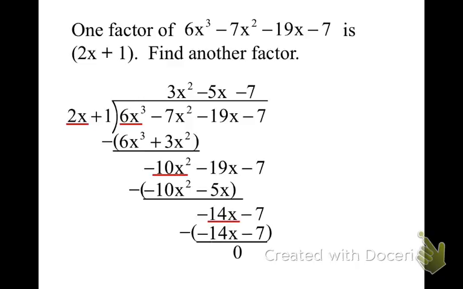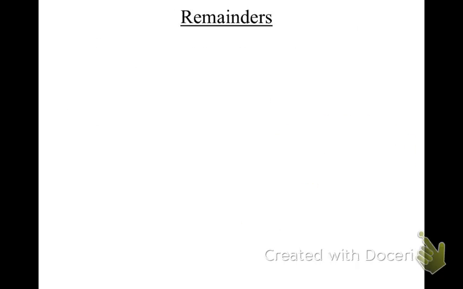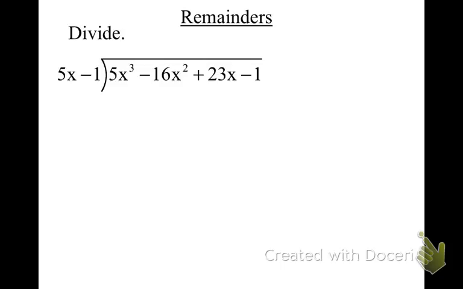All right, so the next one. We're going to do the same thing. 5x times what equals 5x to the third? X squared. Place it over the second term, because I have two terms I'm going to be multiplying that x squared by.